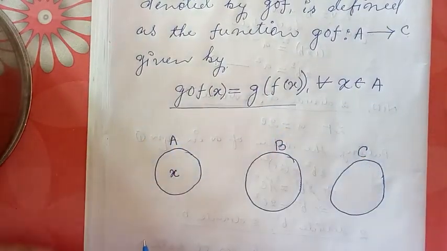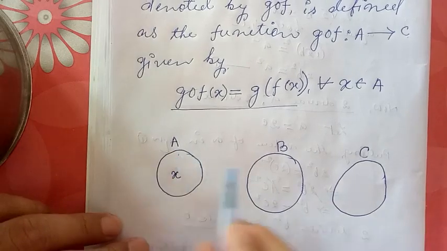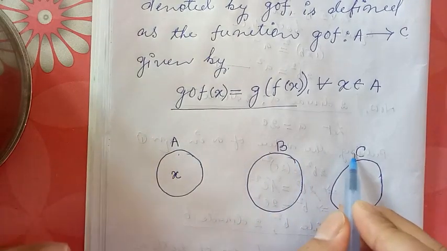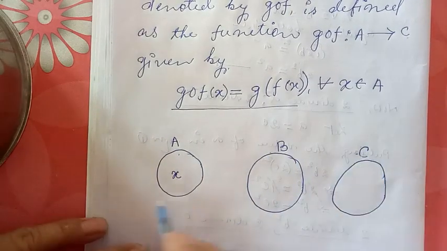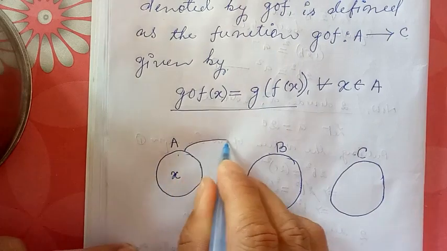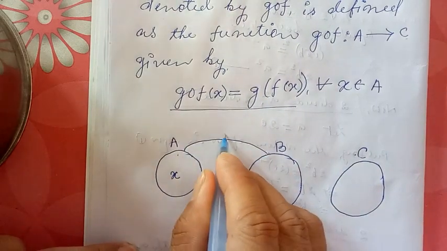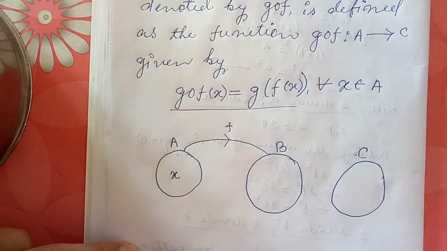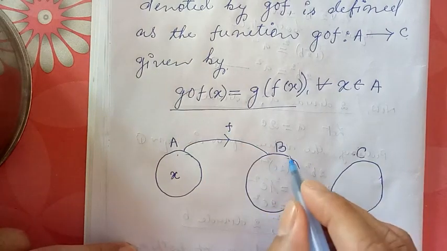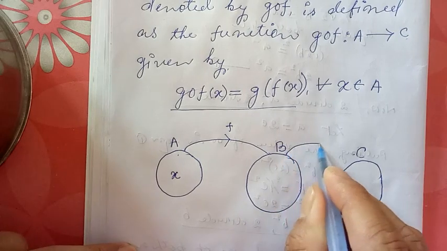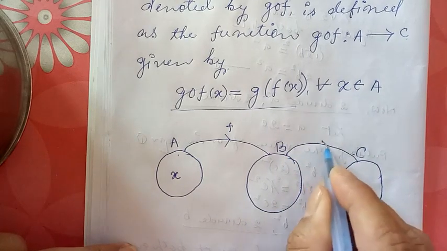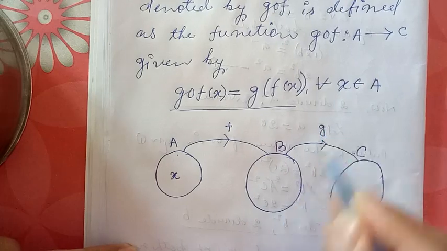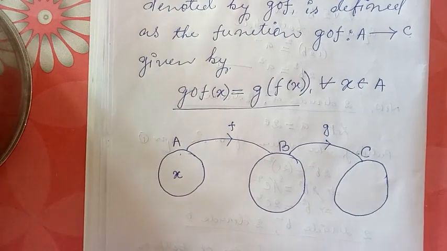A, B, C are the three sets. So we make a function from A to B, we take this as f, and we take another function from B to C, we take this as g.